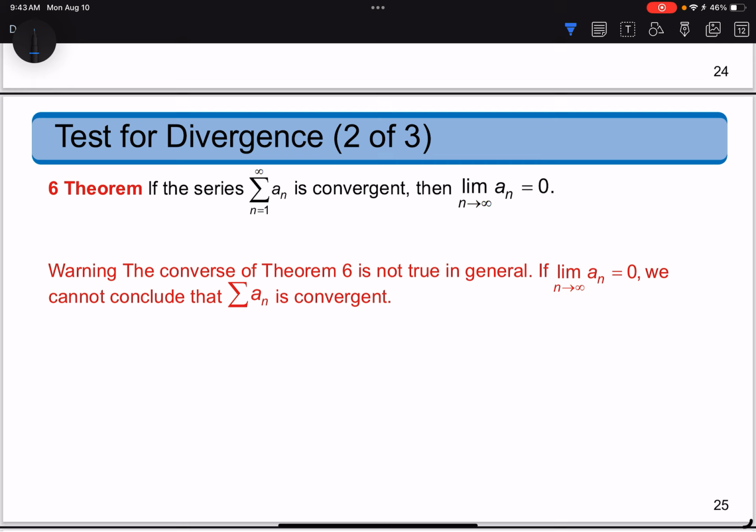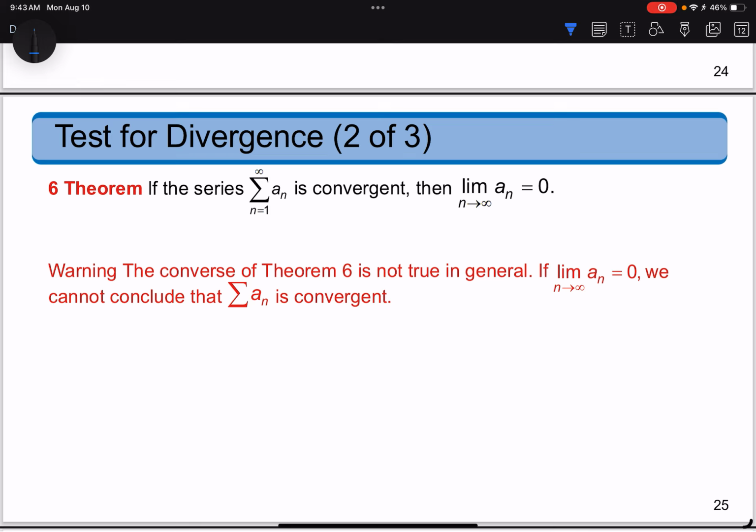This is an implication and not a biconditional operation. If the series is convergent, if we have a finite sum, then the last term should be 0, because otherwise we will have difficulty finding the sum of the series.